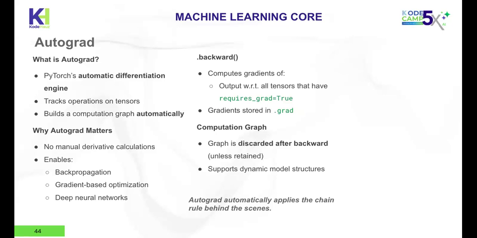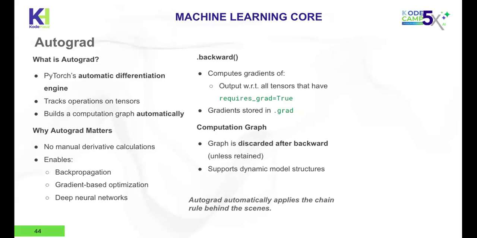So remember, the tensor is the basic unit of representation of numbers in PyTorch, right? A tensor is basically a representation of a number, 0-dimensional to n-dimensional, right? And you can define that this particular tensor requires gradient.